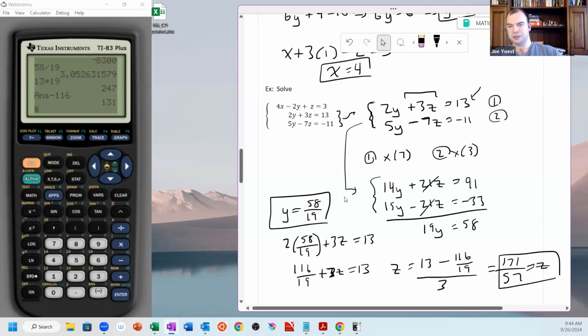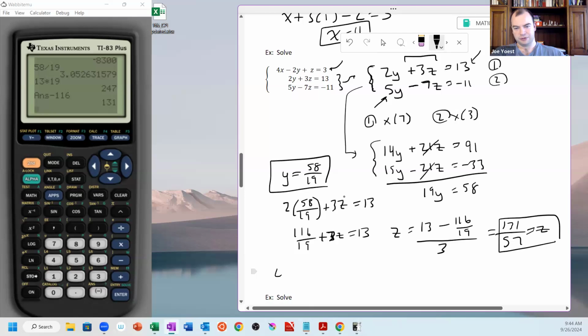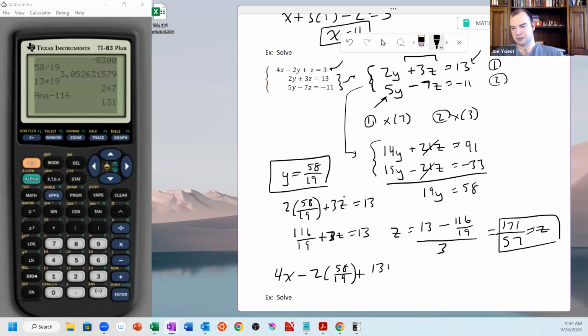And now I've solved my 2x2 system for y and z, my kind of embedded 2x2 system. I can come back up to equation 1, and I have 4x minus 2y plus z equals 3.